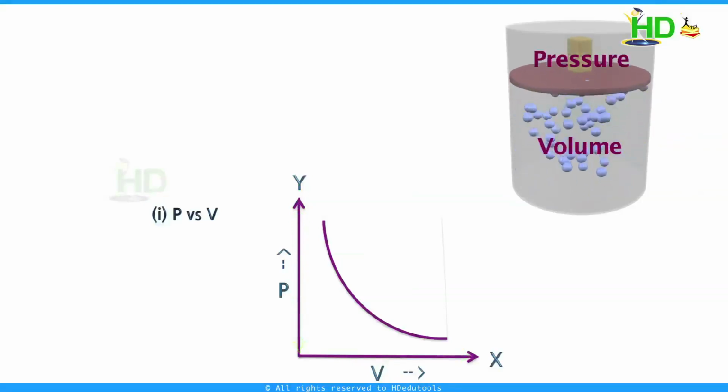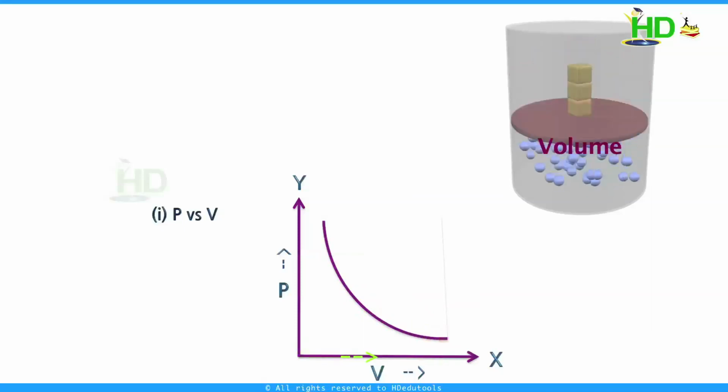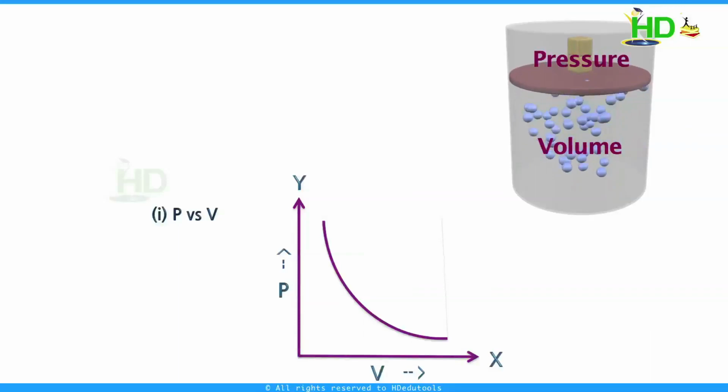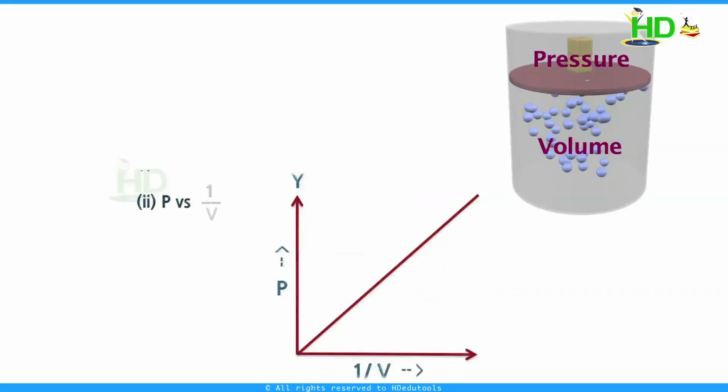This can be represented using a graph like this. If the volume increases, then pressure will decrease. Now this is the graph of P versus 1 by V, taking 1 by V along x-axis, pressure along y-axis. It is a straight line passing through origin.